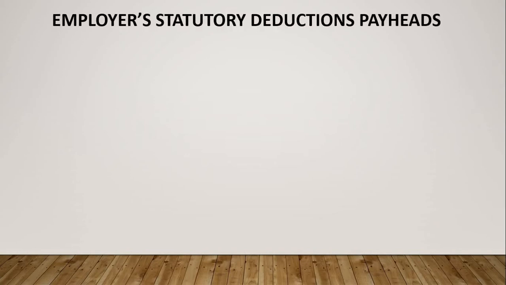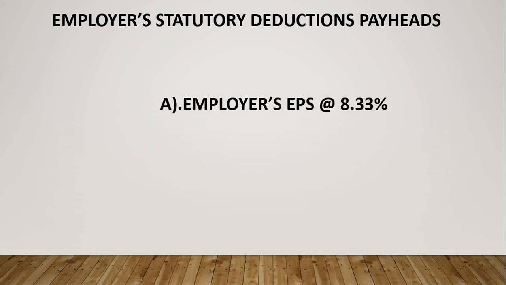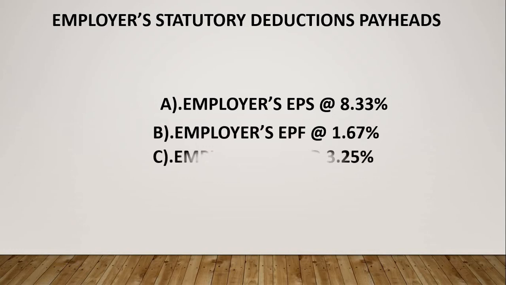Next type of pay head, employer's statutory deduction pay heads. In this, employer's EPS at 8.33%, employer's EPF at 1.67%. Earlier it was 3.67% in April 2020. In May, they reduced it to 10%. So that's why it comes to 1.67%.